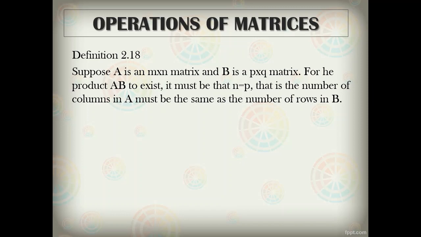As I explained before, in order to say that matrix A and matrix B can be multiplied, make sure that the column of matrix A is equal to the row of matrix B. So here, let's say A is a matrix of order M by N. So this is row, this is column.